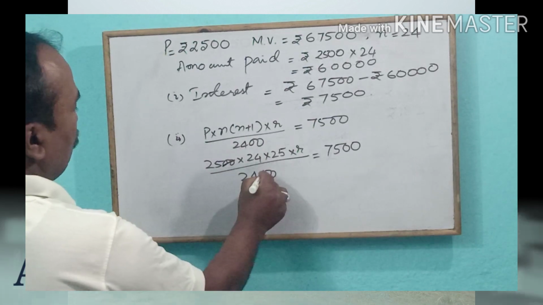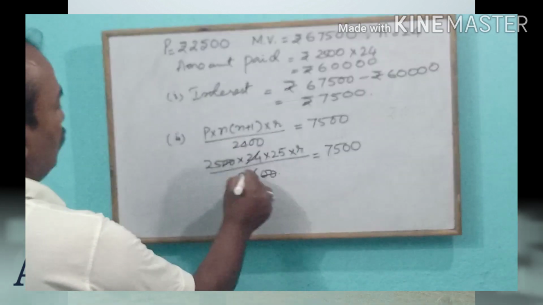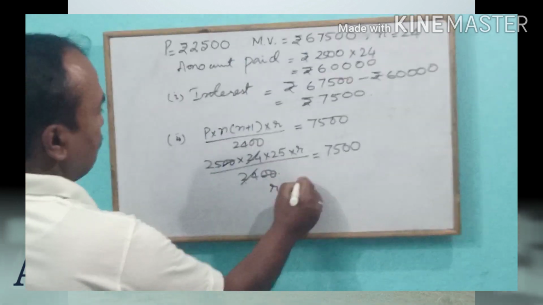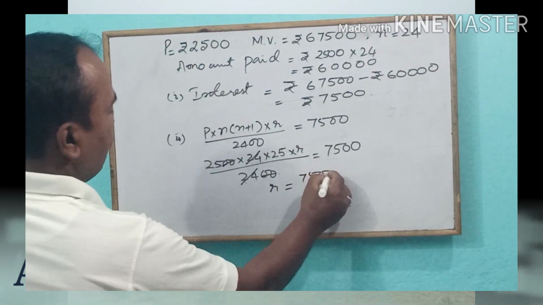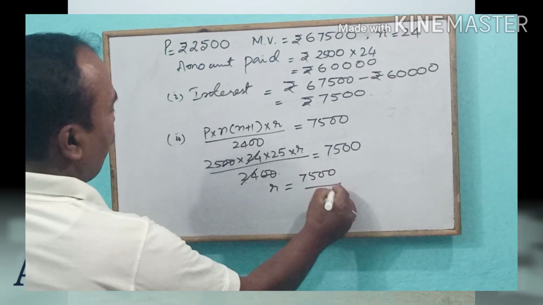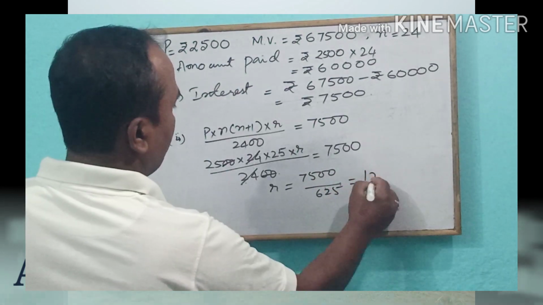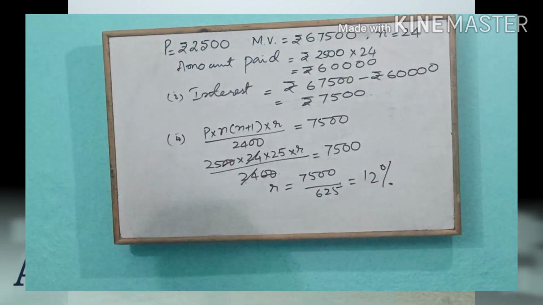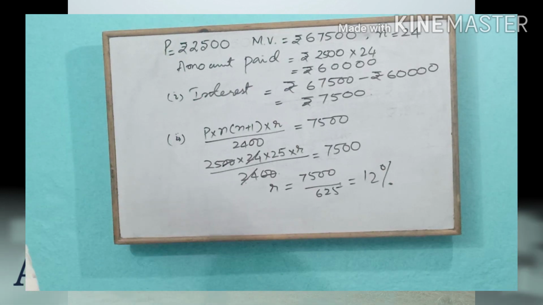So after calculation, we get R is equal to 7,500 divided by 625, that is 12. 12% will be the rate of interest.